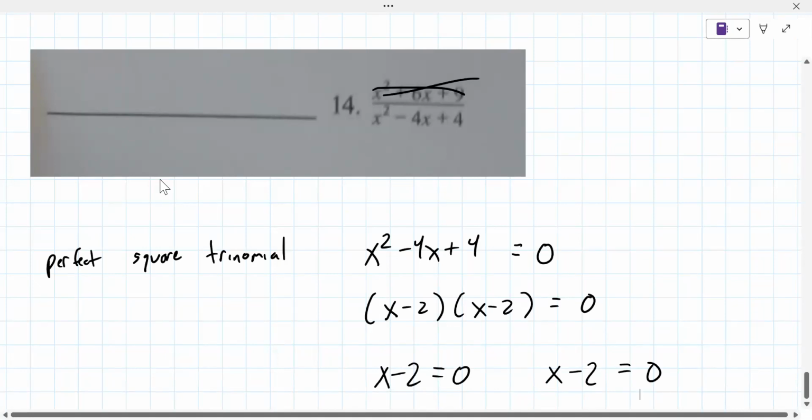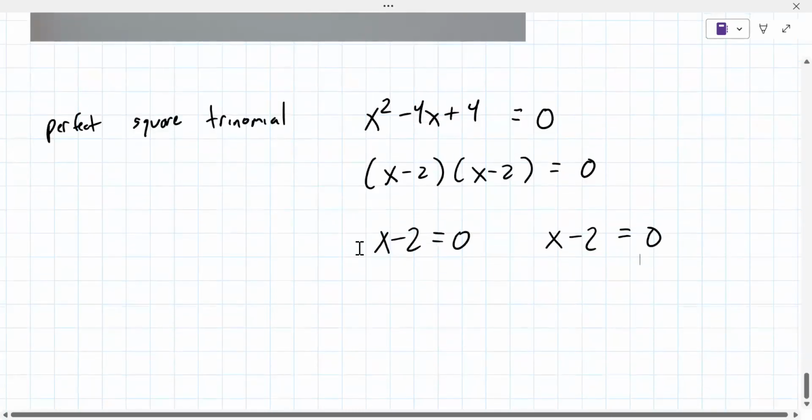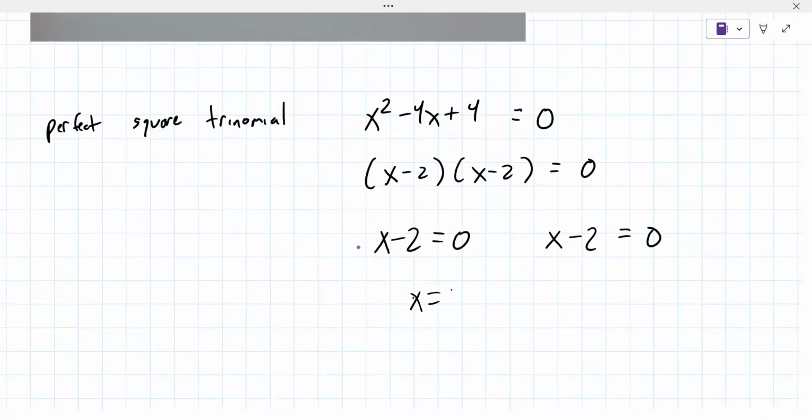X equals... plus 2 to both sides. X equals 2. And then same thing with this one. X equals 2. They're the same, right? So what that means is you're duplicating.